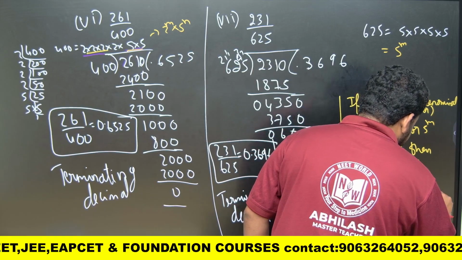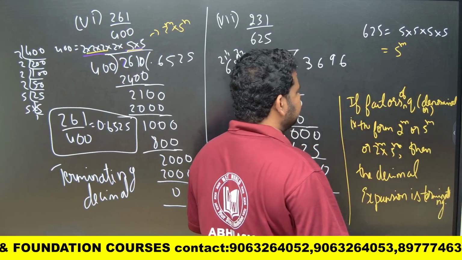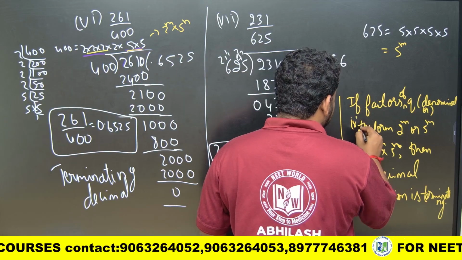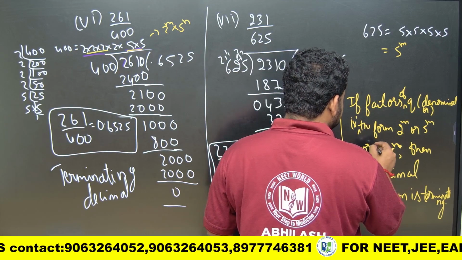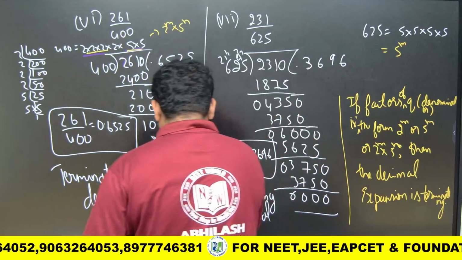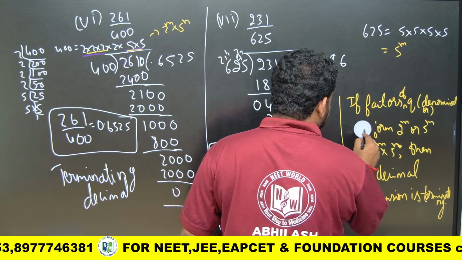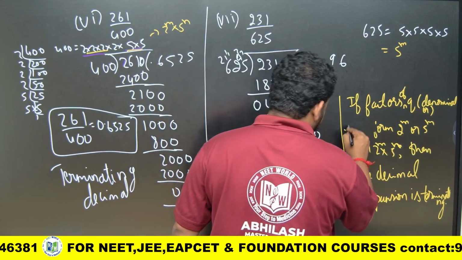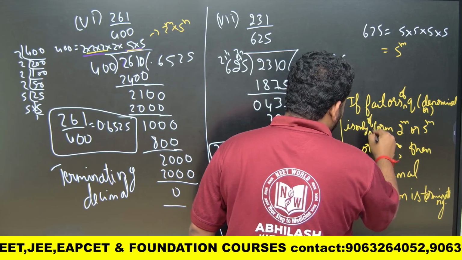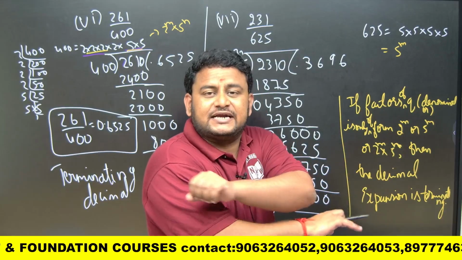It is a terminating decimal if the factors of q are only of the form, only of the form, meaning it should either contain 2 or 5 or 2 and 5. That is also fine, but it should not contain any other number.